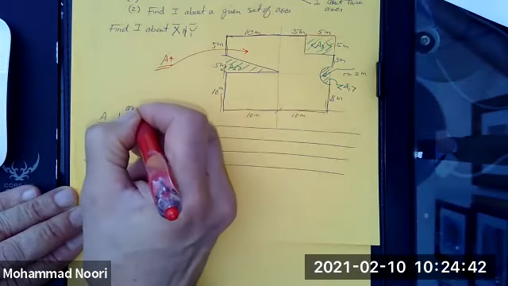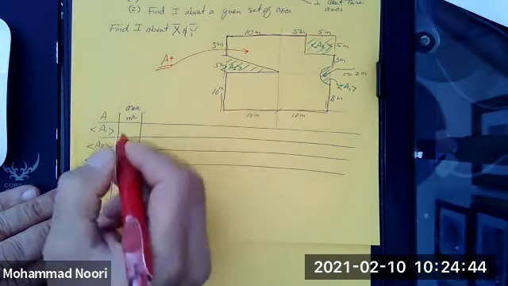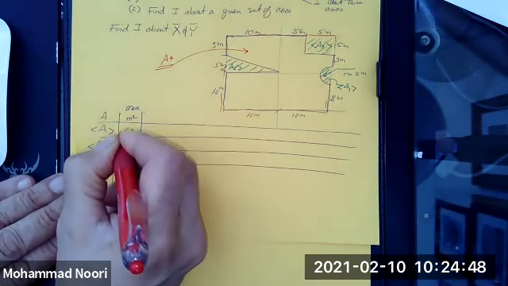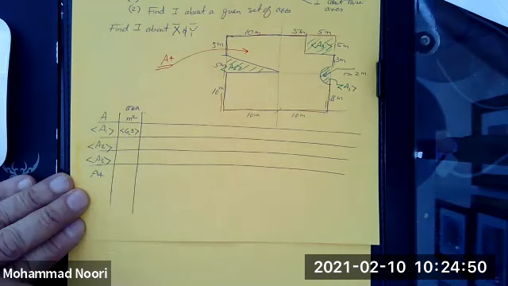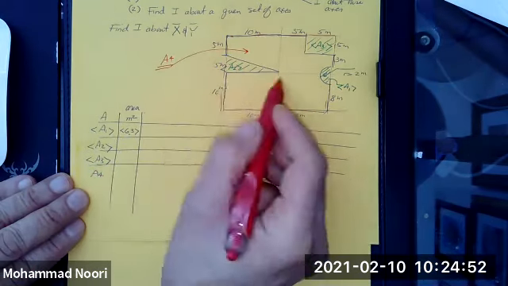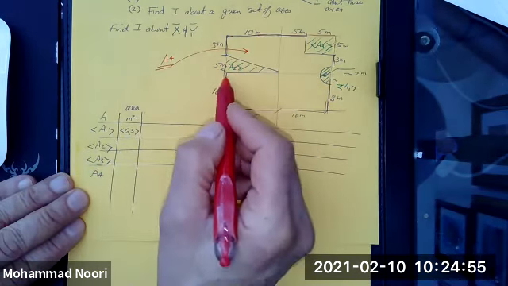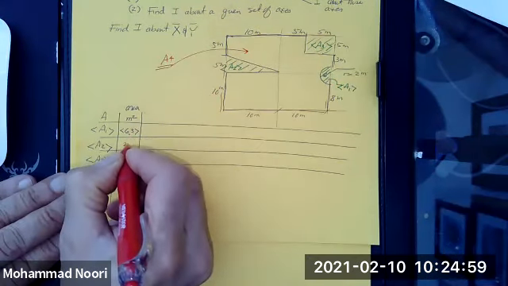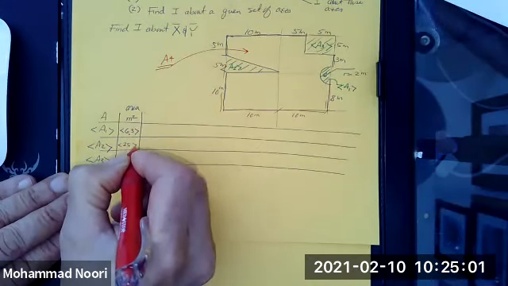So you're writing these areas. So 2 pi, 6.3, negative. Area 2 is 10 times 5 divided by 2, 25, negative.